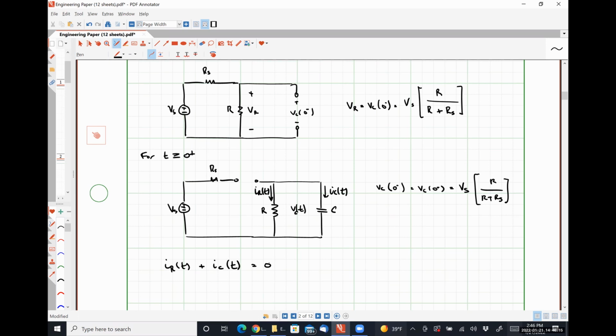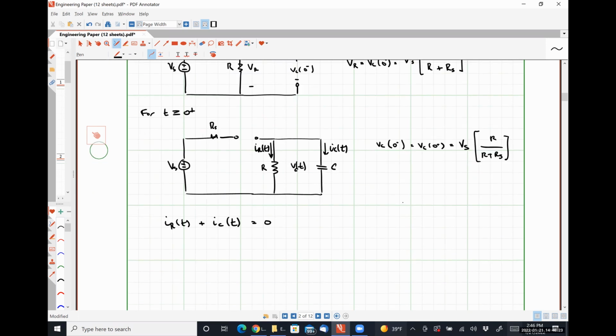We can express both of those currents in terms of that common voltage, Vc. So that would be 1 over R times Vc plus C dV by dt is equal to 0.